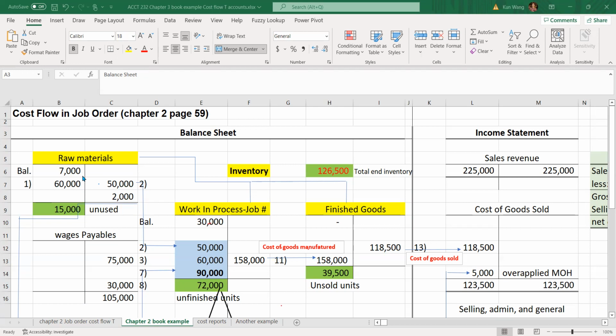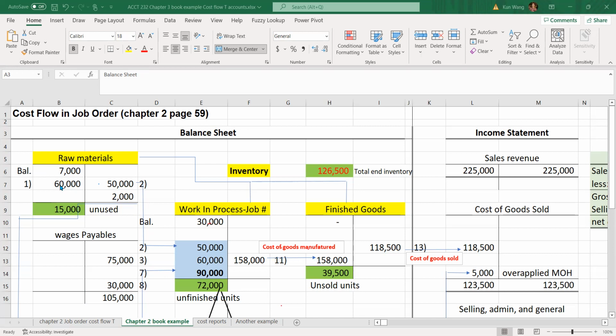So for the raw material account, because this is a current asset inventory, we normally have some beginning balances. We have some beginning balances on the debit side, 7,000. And then the company bought another 60,000 of material.